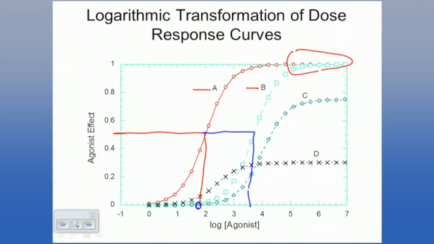And this here is the EC50 for drug B. So you can appreciate that drug A produces a greater response at a lower concentration than drug B. Thus, drug A is more potent than drug B. Well, what about drug C and drug D? Well, straight off the bat, you can appreciate that they are not as efficacious as either drug A or drug B.